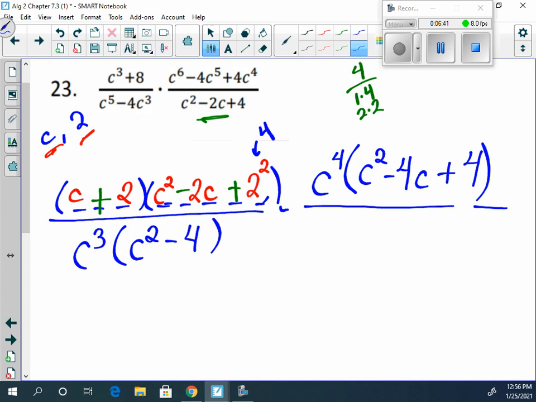Well, no. It works out that this quadratic that comes out of the sum or difference of perfect cubes will never be factorable. And it works out that c squared minus 2c plus 4 isn't factorable. There's nothing we can do with it. That is as simplified as it gets.